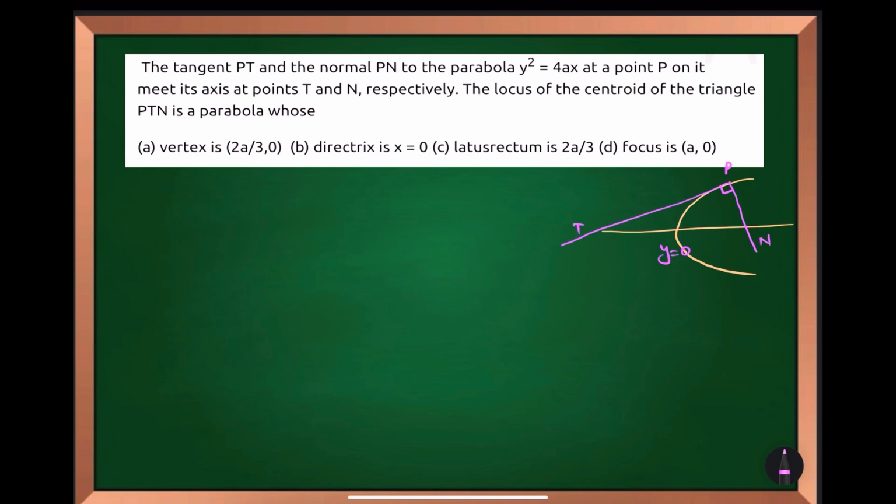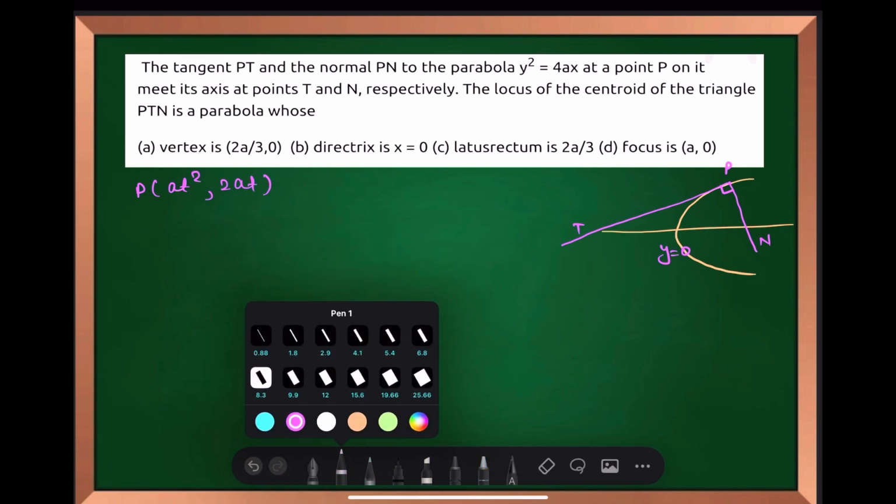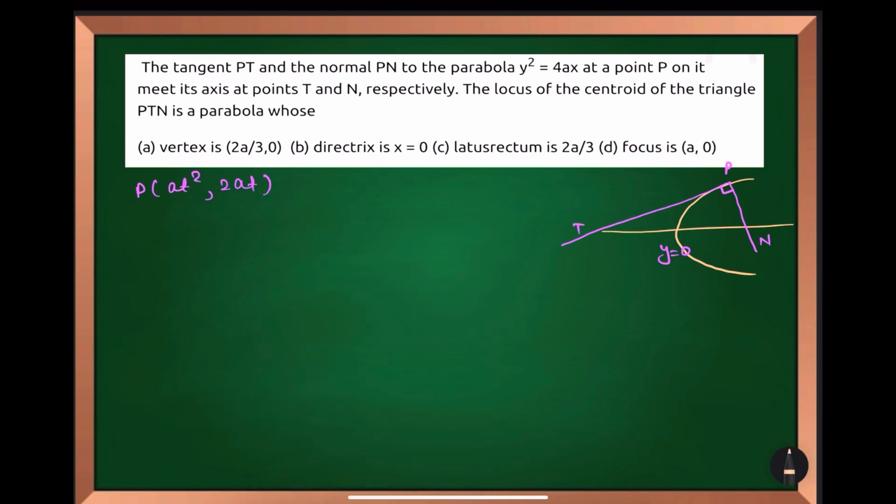Okay, so first I'll take a point P on the parabola. You know that we will imagine it in parametric form, so it is (at², 2at). Now look at this. I want to find point T. So for that I have to calculate the tangent. For tangent, if point P is lying on the curve, we use T equals 0.